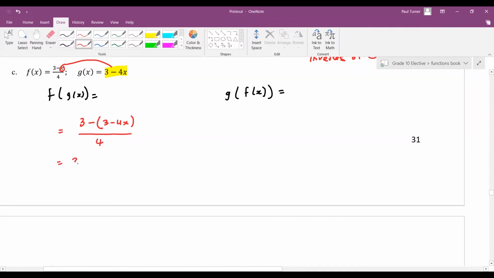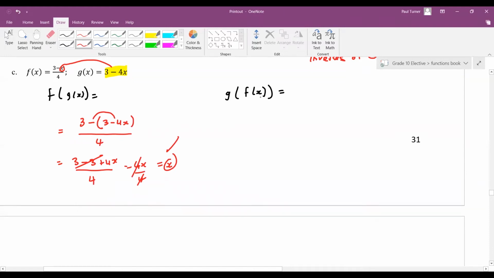Okay, so you're going to get 3 minus 3, and by expansion, this will be plus 4x on 4. The 3 minus 3 would be 0. Okay, and so you'll get 4x on 4. That will cancel to give x, which is good. So it's looking good in this direction.